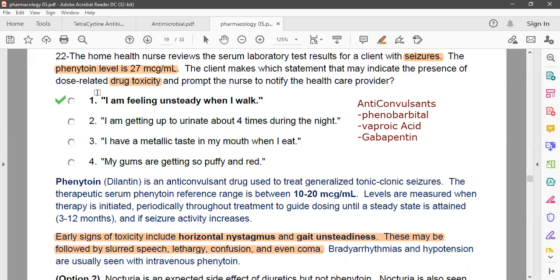Also, it is important that if we give phenytoin IV, we only give it with sodium chloride. What are the other important notes we should know?